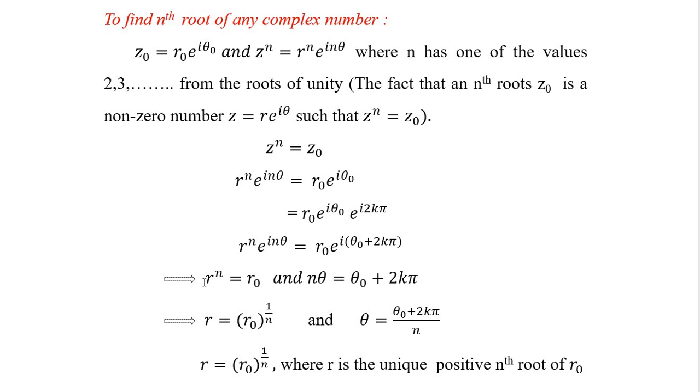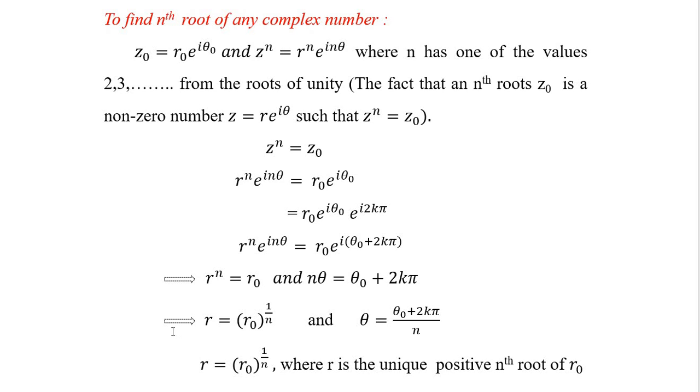We want r, so take the nth root of r. Therefore r equal to r0 whole to the power 1 by n. And from n theta, we divide by n, and theta equal to theta naught plus 2k pi divided by n. So we get r and theta.